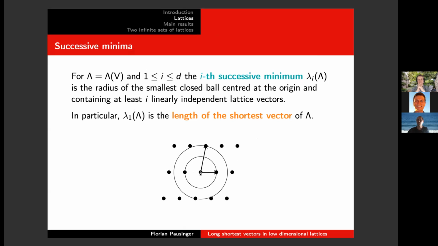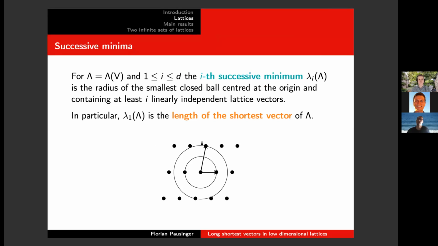And the vector connecting the origin with this first point would be the vector giving you the first successive minimum. Then if we grow the ball, the radius of the next circle that contains the second linearly independent lattice vector gives you the second successive minimum.